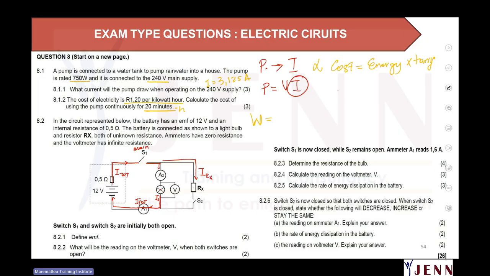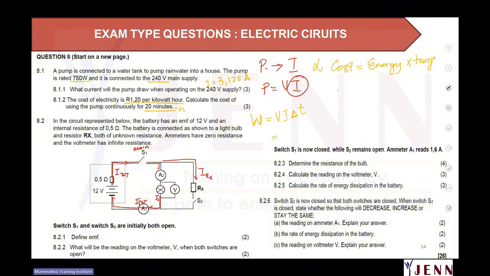For it to operate at that, we need to calculate the energy there. We have potential difference, we have current. All we need now is energy. So we're going to use the formula V I delta T. Remember, we want our energy.